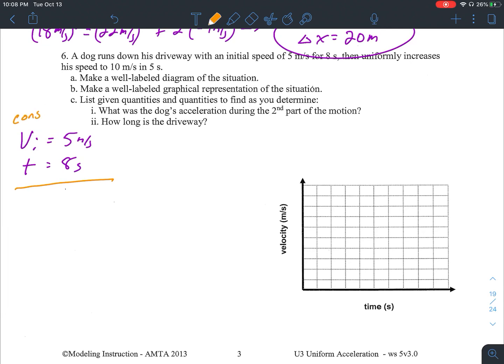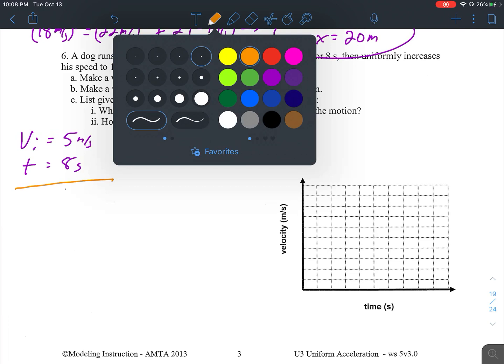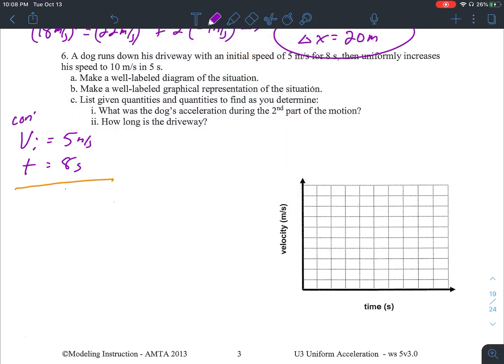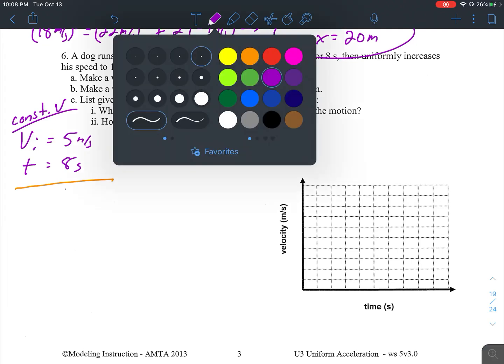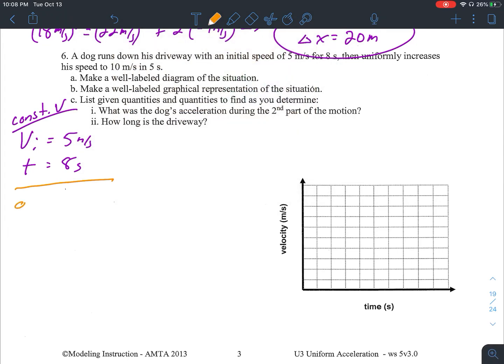Maybe let's color code it, like I said. And then when we're going to accelerate or speed up during the second part of it, our final velocity for that is going to be 10, and we're going to do that for 5 seconds.